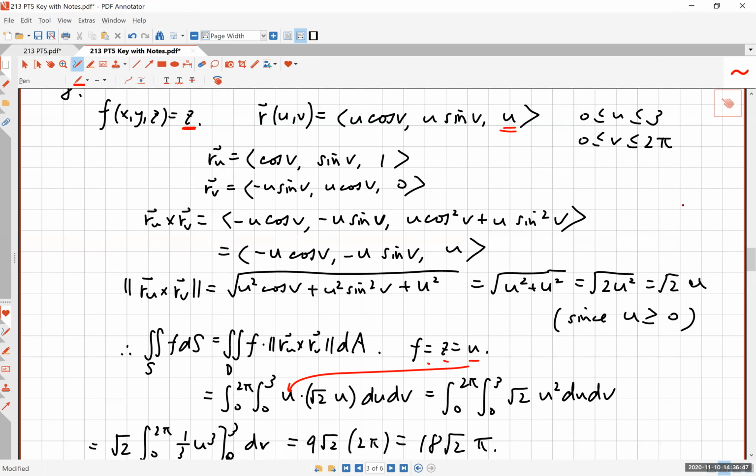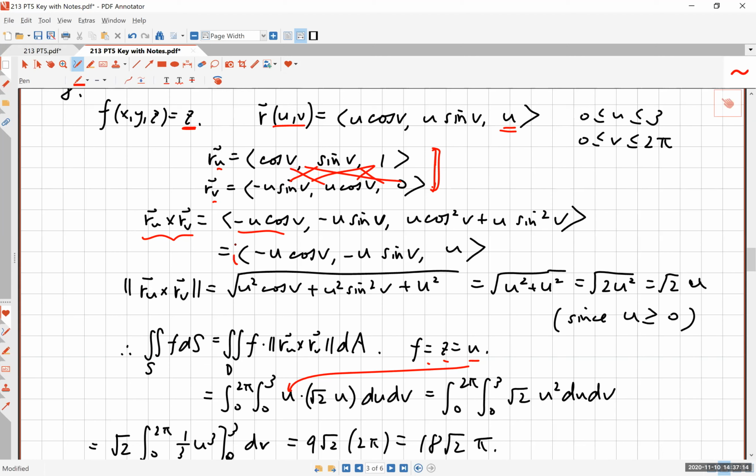So in order to find that, I have to differentiate this with respect to u, and then v, and the cross product must be found. So I typically write it this way: r_u right on top of r_v, so I can, with my eyes, go like this times this minus this times that. That's this. And then I go this minus this, and then put the negative sign in front, and then this minus this, and write all that.